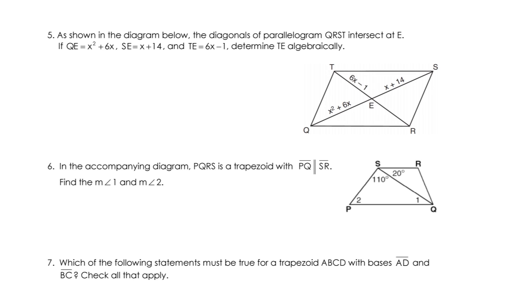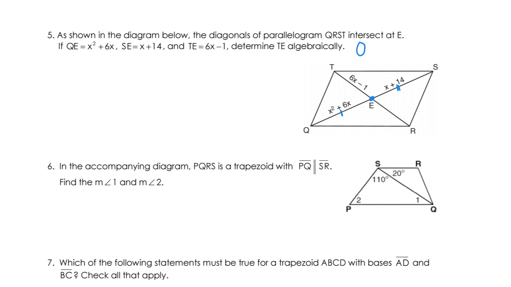So TE, if you look, has an x in it, so we need to solve for x. And based on the properties of the parallelogram that we talked about on the front side of our notes, we know that E is a midpoint of both diagonals. And since we don't have the length of ER or an expression for ER, we won't be able to use that diagonal. But we do have the two parts on diagonal QS, and we know that these two pieces are equal.